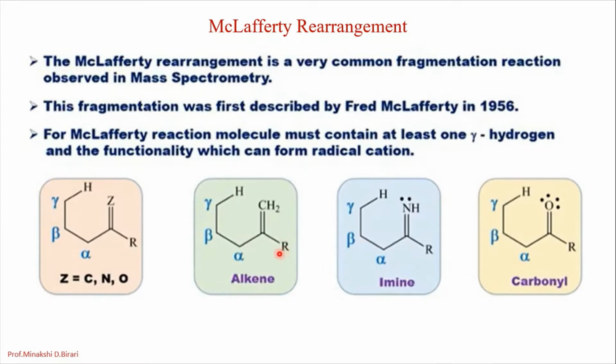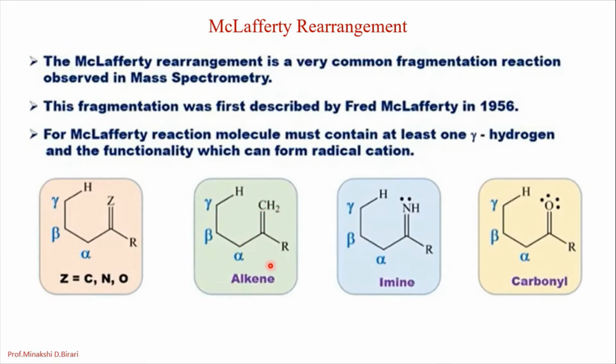In the alkene, we can observe the positions alpha, beta and gamma. So this is the gamma carbon, to which the gamma hydrogen is attached. There is a migration of the gamma hydrogen and an intramolecular rearrangement occurs, with the formation of a fragment. So McLafferty rearrangement is a very common fragmentation reaction observed in mass spectrometry, and the heteroatom may be carbon, nitrogen or oxygen.